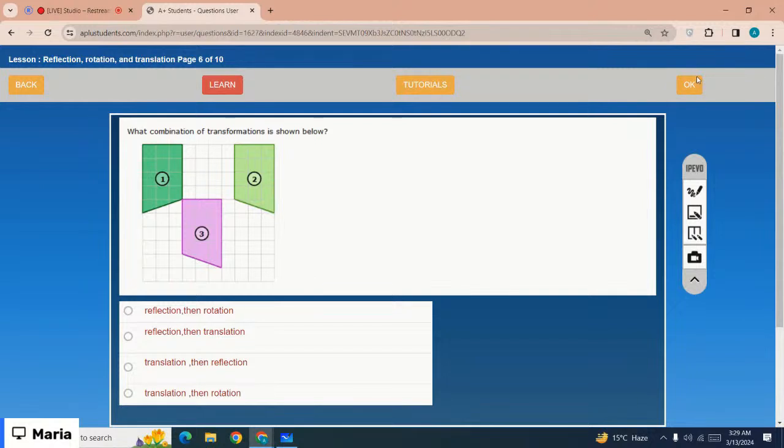Okay, what combination of the transformations is shown? From 1 to 2, that is a translation, and then translation and then rotation.